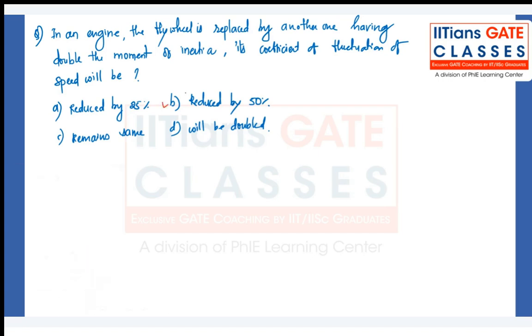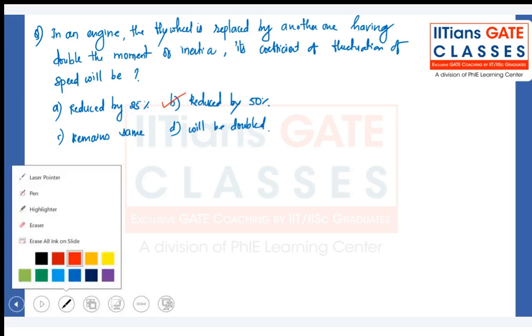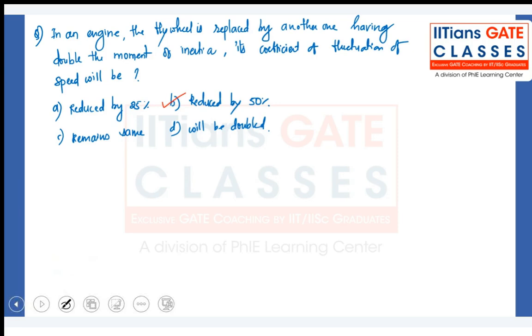The answer is reduced by 50%. Let me give the solution. In an engine, the flywheel is replaced by another flywheel having double the moment of inertia. So what is the coefficient of fluctuation of speed? Delta E is equal to I omega square Cs, right?